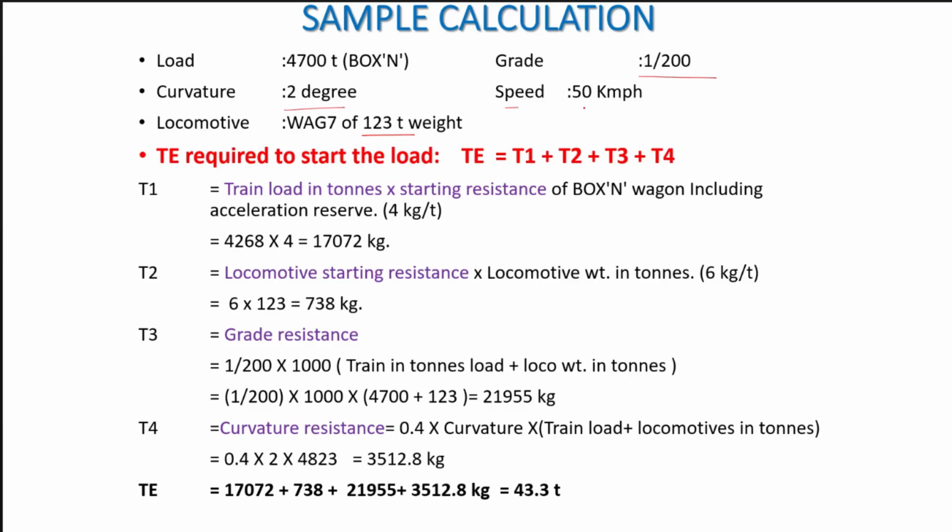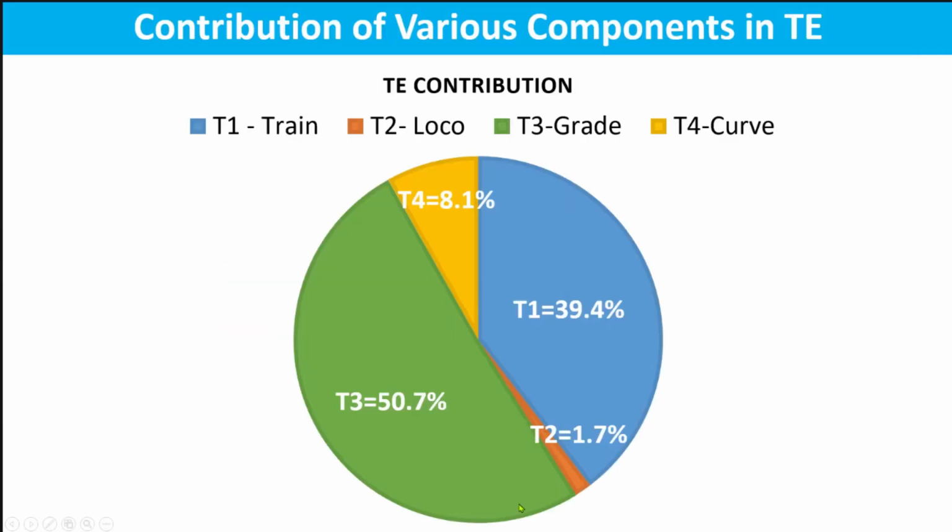Speed is 50 kmph. So T is equal to T1 plus T2 plus T3 plus T4, the same formula, and whatever we have calculated, the total tractive force comes to 43.3. This value has already been passed for the WAG7 engine. By seeing this example, we can see which of the four tractive effort components is more important.